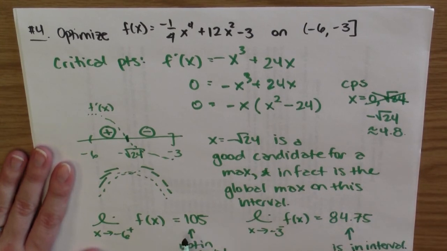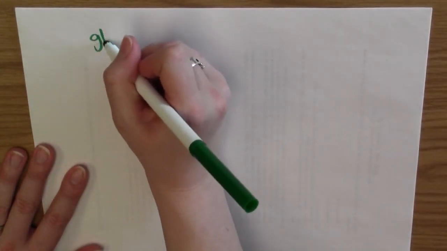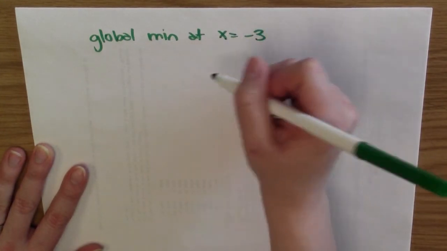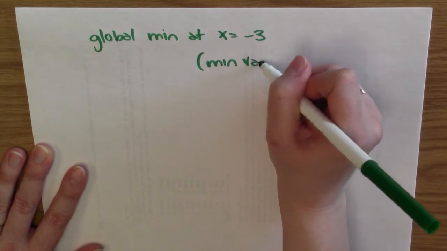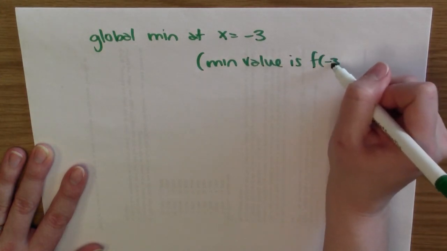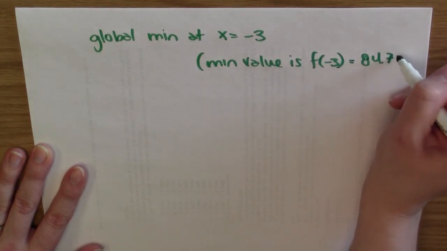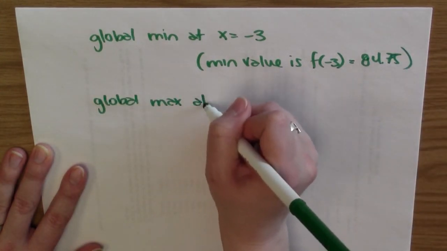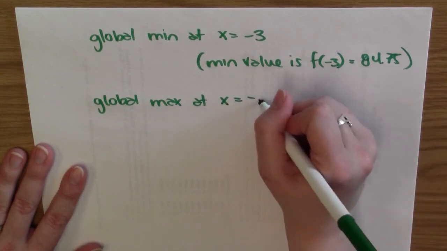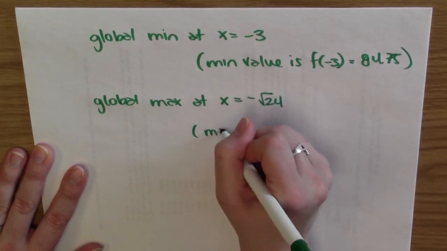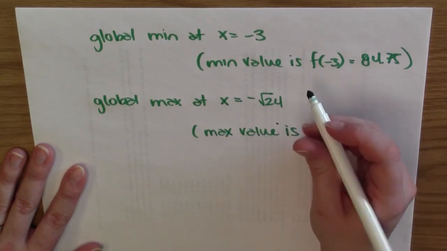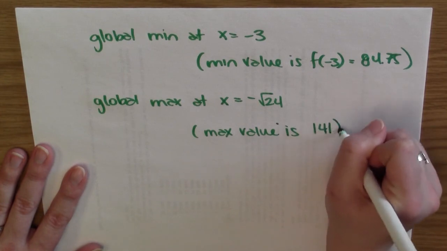And this value is smaller than this value, so what I end up having here is a global minimum at x equals -3, and the minimum value is f of -3, or 84.75, and I have a global maximum at x equals negative the square root of 24, and the maximum value, if we plug in x equals negative the square root of 24 into the function, we end up with 141.